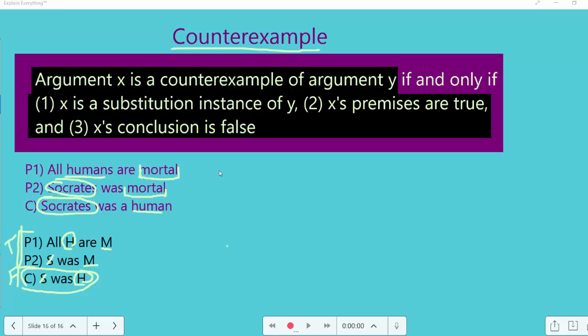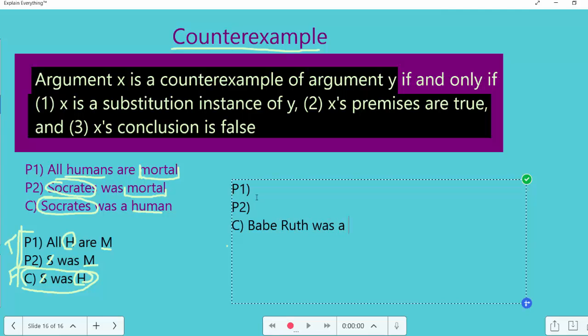So let's get a substitution instance going on over here. We'll have two premises and the conclusion, which is what we want to focus on right now. And we said Babe Ruth was a hockey player. So that's false. It's false that Babe Ruth was a hockey player.